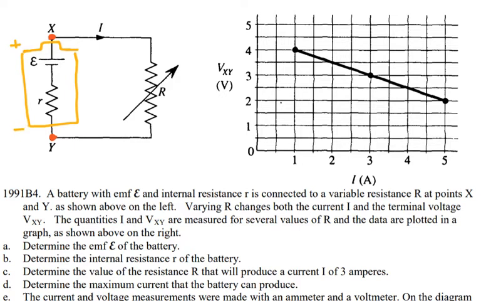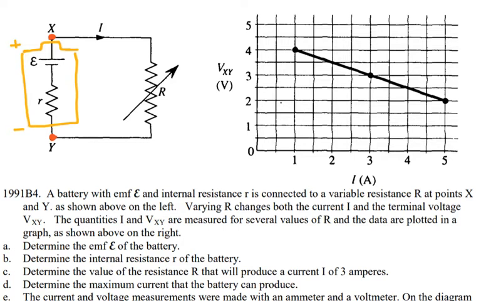Then they say that the quantities I and Vxy, the current and the terminal voltage, are measured for several different values of the resistance R, and the data are plotted in the graph as shown above on the right.